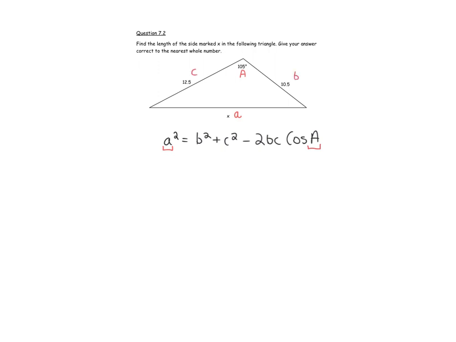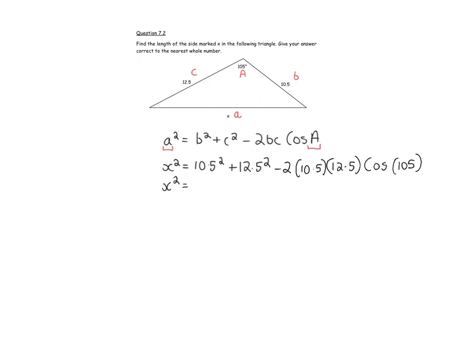This then will become x squared is equal to b squared, which is 10.5 squared, plus c squared, which is 12.5 squared, minus 2 times b, which is 10.5, times c, which is 12.5, all multiplied by cos of 105. Now you can actually type all of that into your calculator, and you will get an answer of 334.4399.